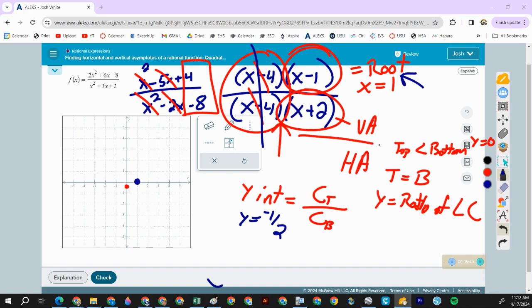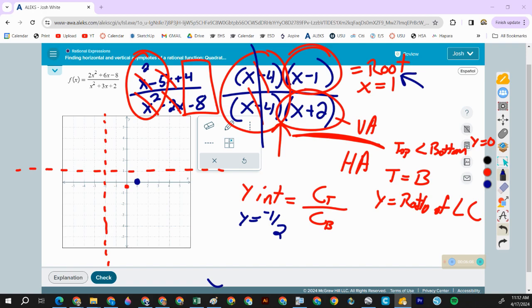I have a VA at negative 2. So negative 2 is a VA. And I have a hole at 4. And what about my horizontal asymptote? It's 1/1. So I have an HA at 1.